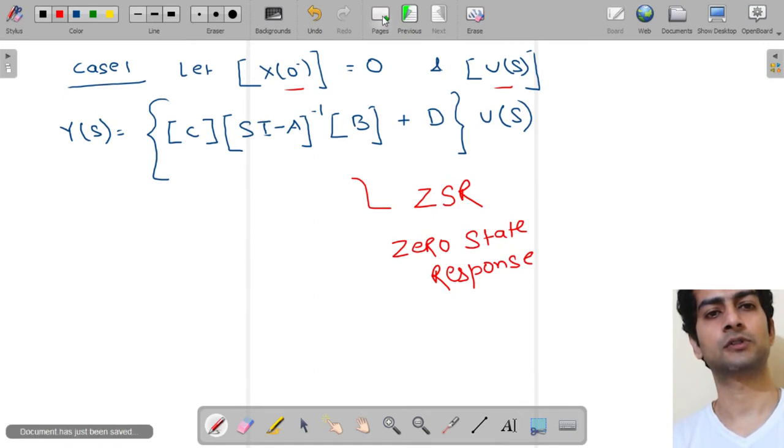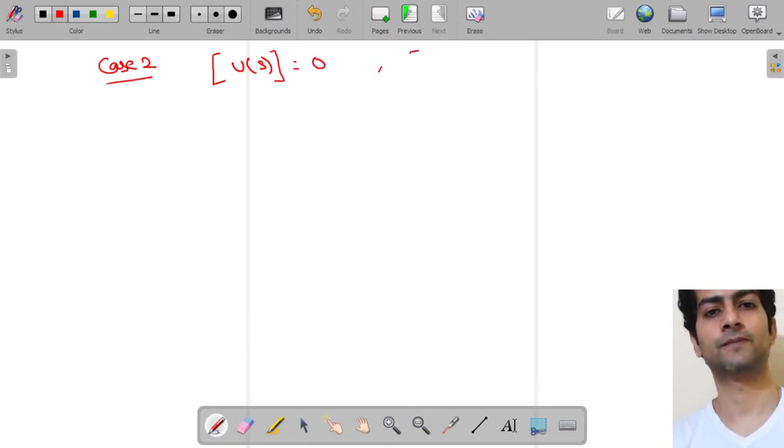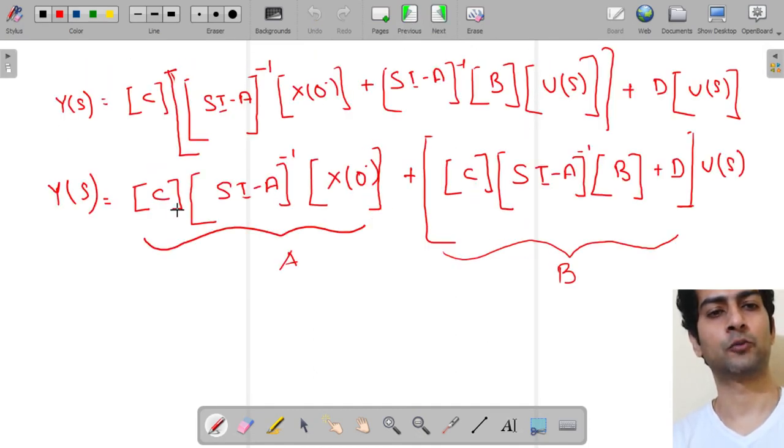Now let's take case 2. Input is 0, and the initial condition is not equal to 0. Then what will our output be?